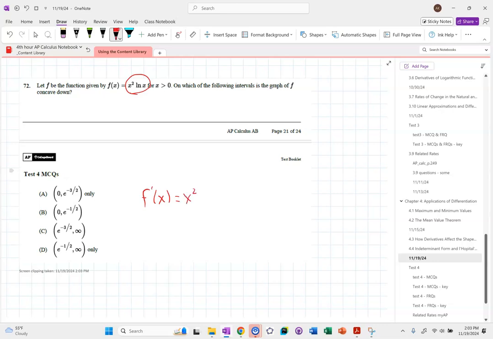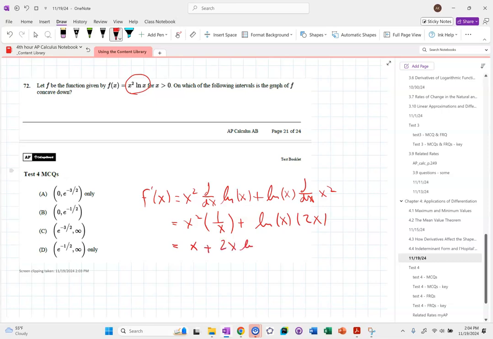So I have x squared times the derivative of the natural log of x plus the natural log of x times the derivative of x squared. The derivative of the natural log of x is 1 over x, and the derivative of x squared is 2x. So that's going to simplify down to x plus 2x natural log of x, right? So far, so good?